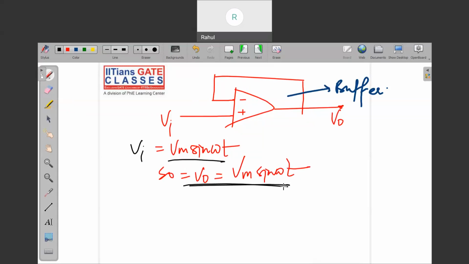So your output depends upon the input frequency as well, right? Now we can compute SR, the slew rate.